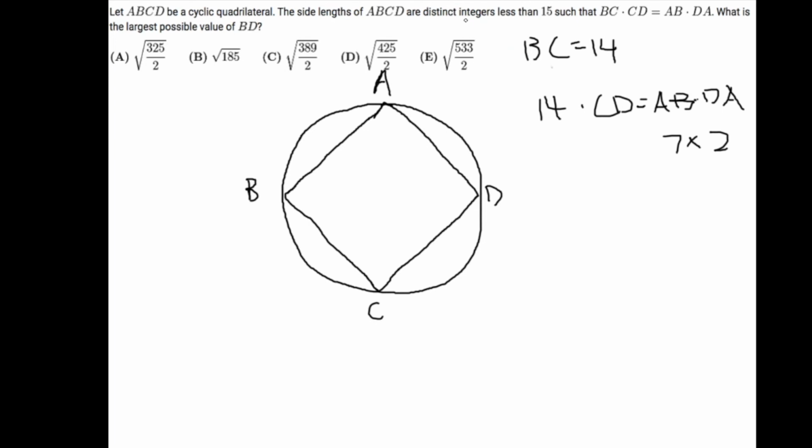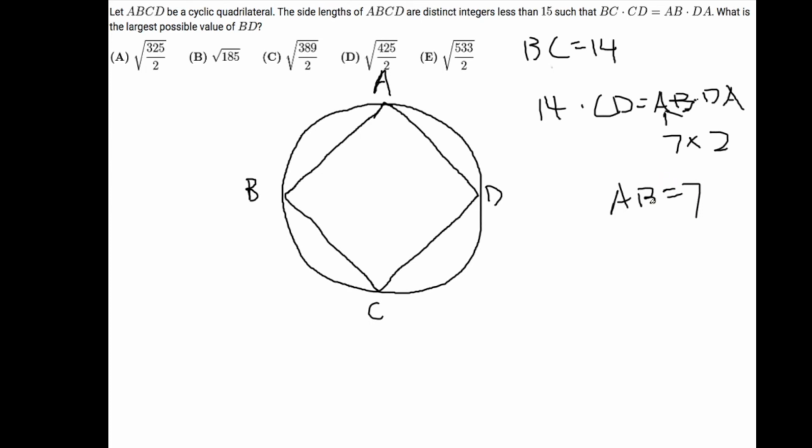And since they all have to be distinct integers, I know that one of these factors has a 7 and one of these factors has a 2. So we can just assign them to either. It doesn't really matter. So let's just say AB equals 7. AB can't be a bigger multiple of 7 than 7, because 7 times 2 is 14, that's already taken, and 7 times 3 is 21, that's already more than 15.